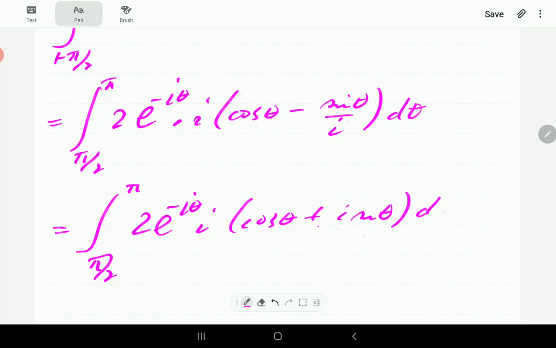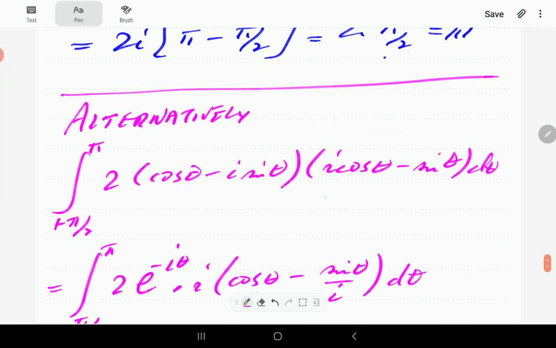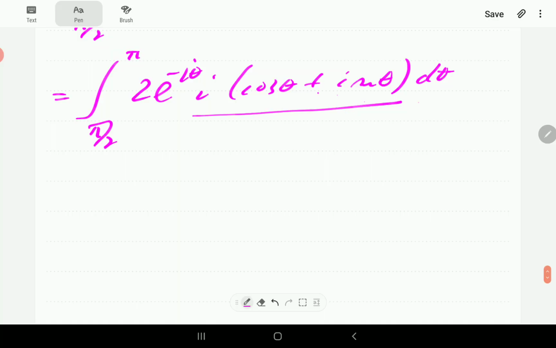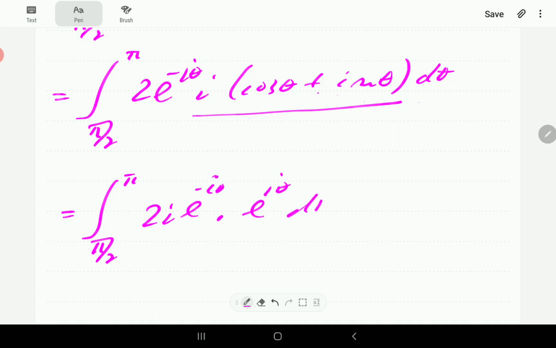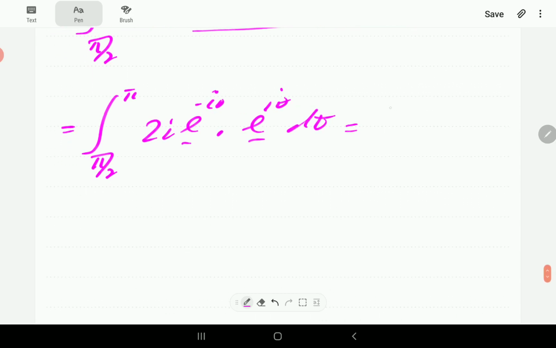If you remove brackets here, we recover that. However, this is just e to the i theta. So this is 2i e to the minus i theta times e to the i theta d theta. This times this is just 1. So that's going to be the integral of 2i d theta as before.